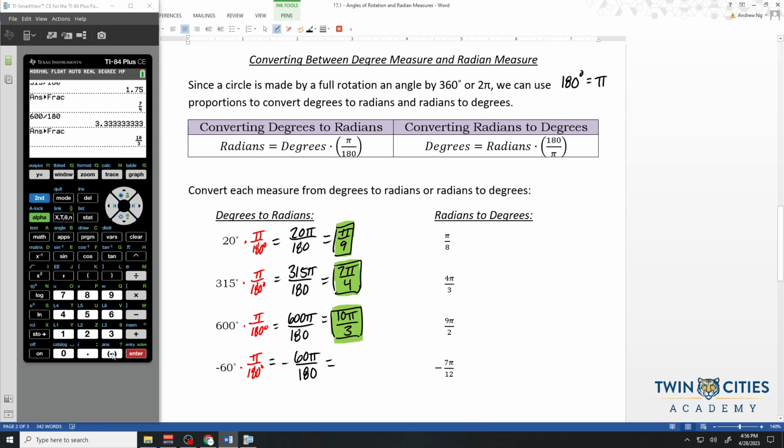Lastly, negative 60 divided by 180. Math, enter, enter. Negative 1/3, so we'll do negative pi over 3.